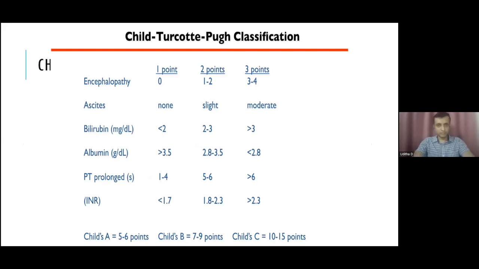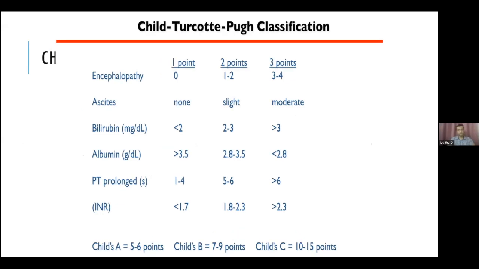According to these, we give a score for each of these variables, and according to the total score, we divide the patients into Child A, Child B, and Child C. The broad objective of this is to identify patients who have relatively normal liver function compared to patients who have significant or serious liver dysfunction, so we can stratify patients accordingly.